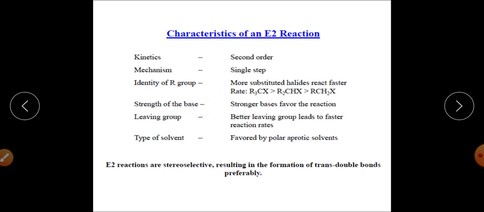A strong base generally favors the E2 reaction. The leaving group should be a good leaving group, and the solvent type favored is a polar aprotic solvent. So these are the different parameters on which the rate of any E2 reaction depends.